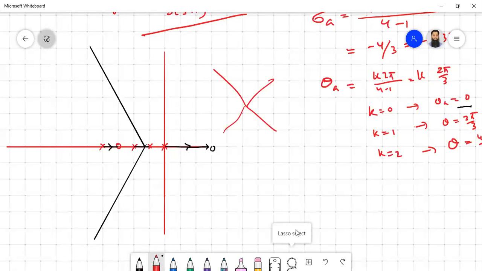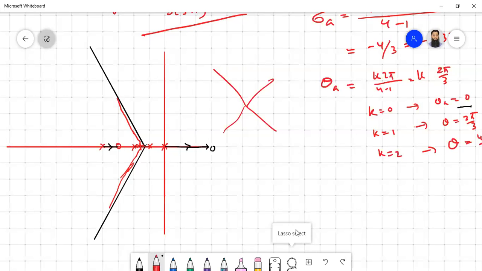They will be merging together at some point somewhere here, because we cannot cross our asymptotic line. So they'll leave vertically from these two points. Then gradually one will go towards this line, and the other one towards this line. This may be the plot for the positive feedback system.